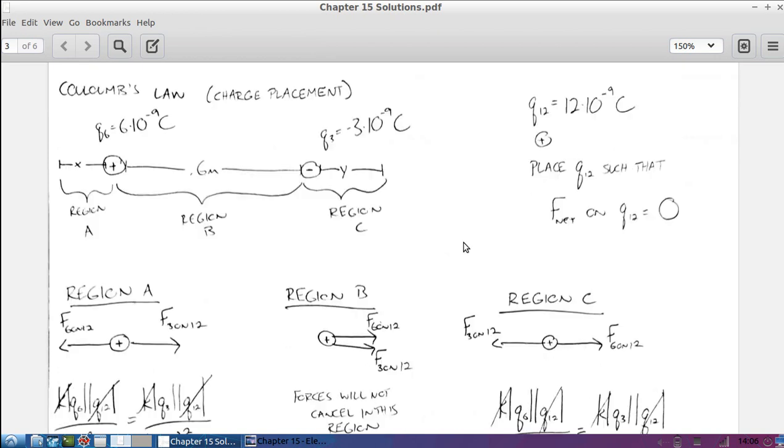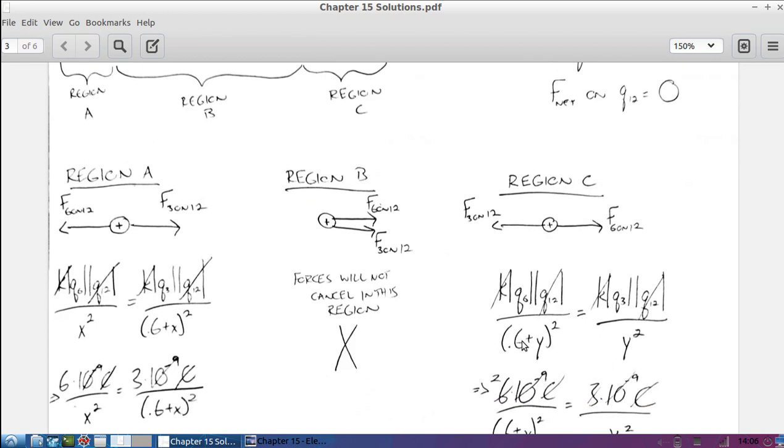This denominator is greater for the 6 nanocoulomb charge, so this force is smaller. It's larger because of the charges, but smaller because of the distance between them, which was different over here because this force is always going to be larger than this. But there is a location in region C where these forces cancel out, and that's what we were looking for.